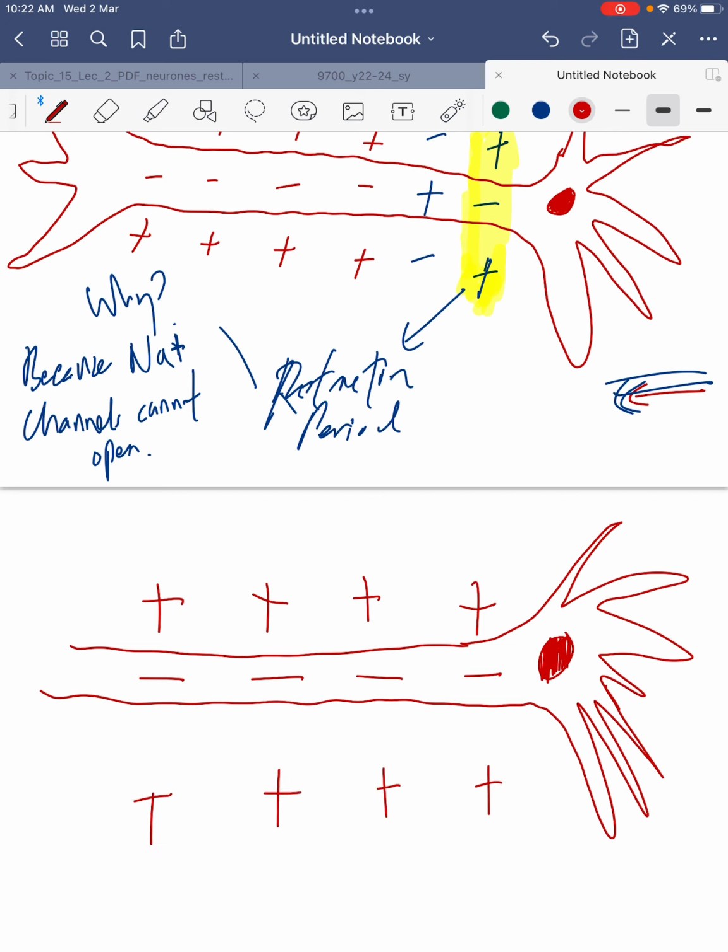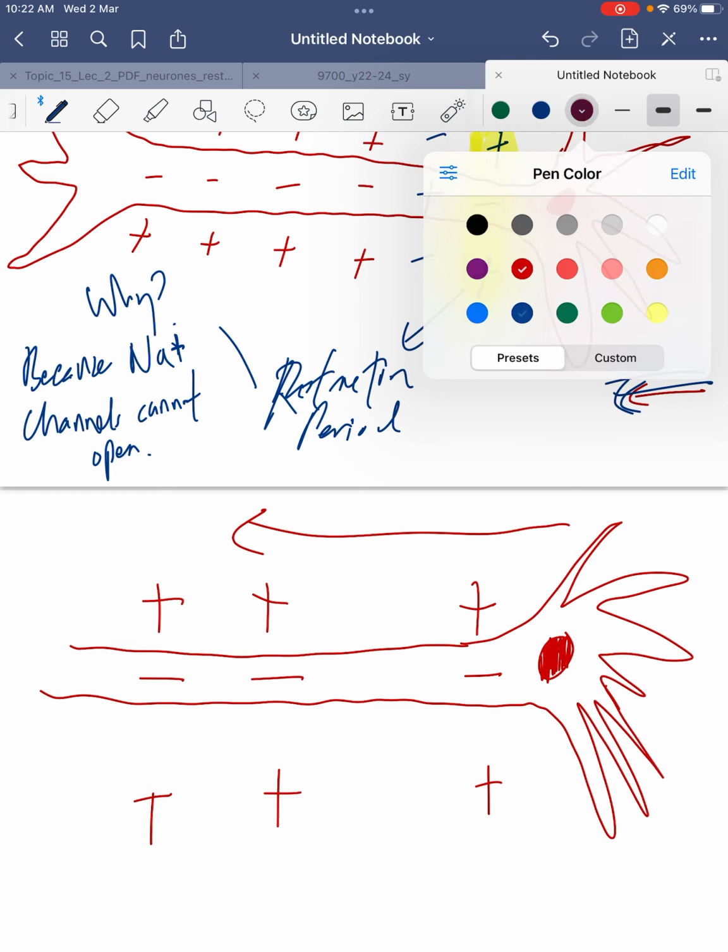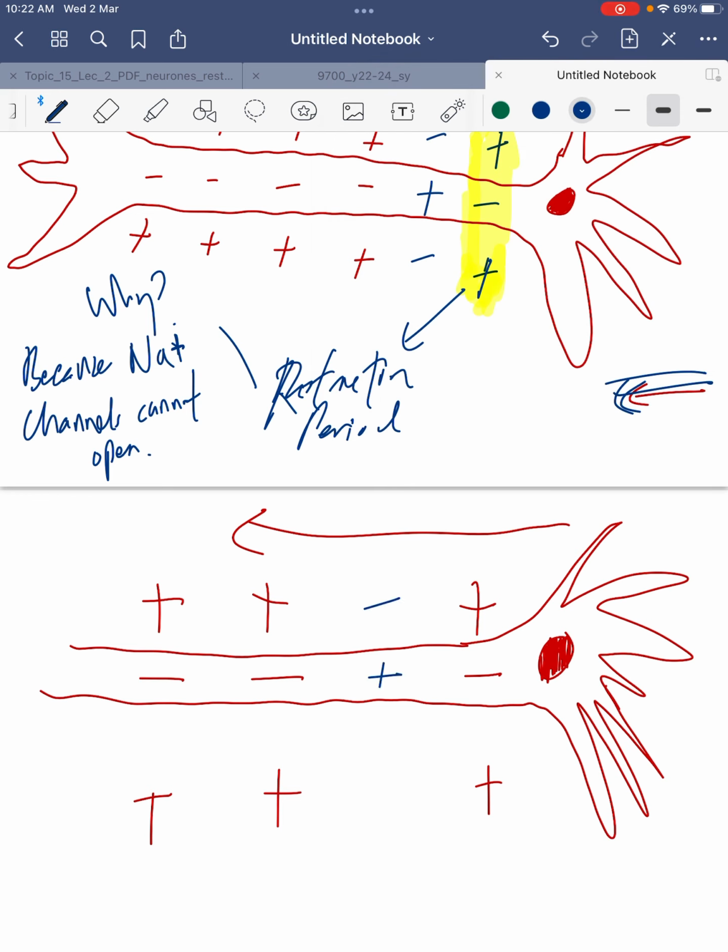Okay, so let us say now the nerve impulse is already in this area here. Let us say that here is already positive, negative, negative, and this is still in refractory period.